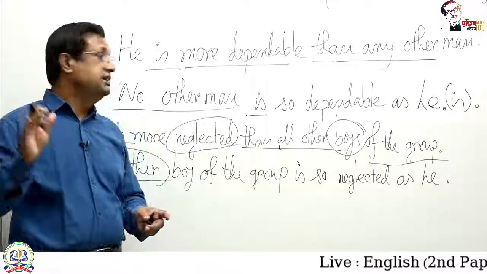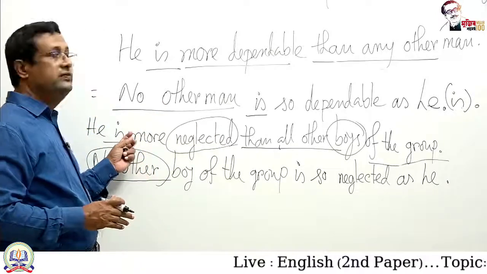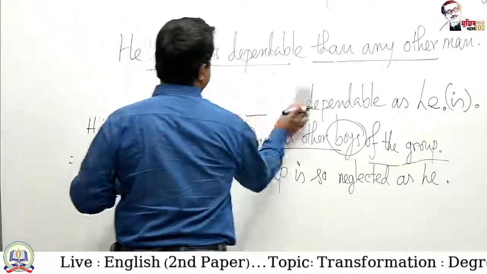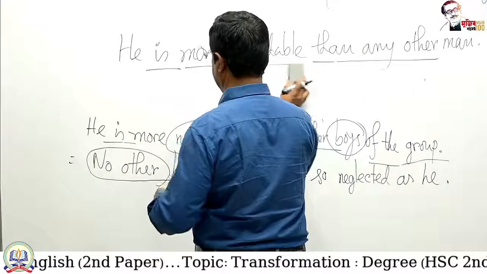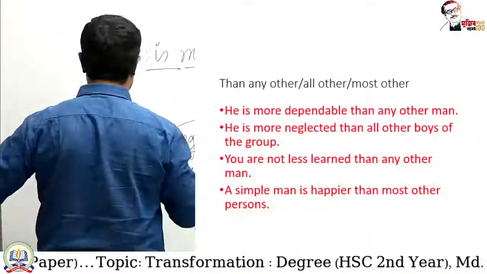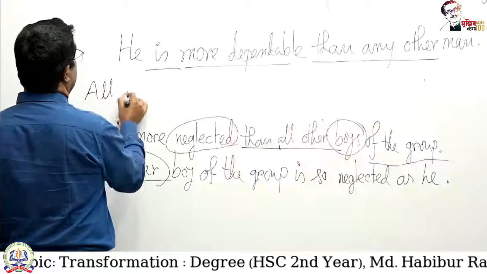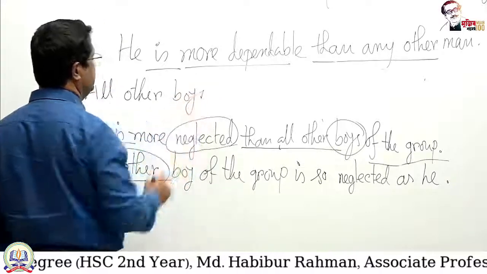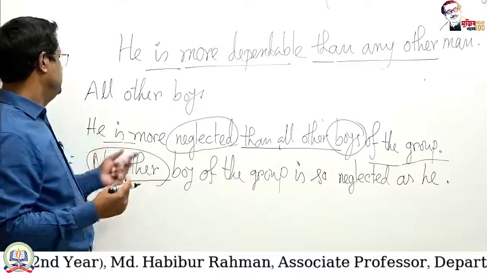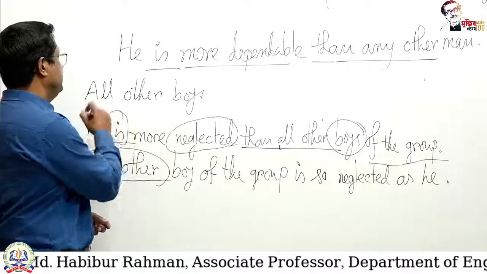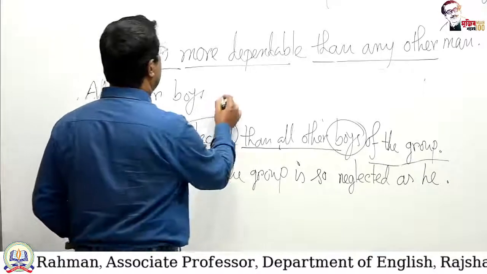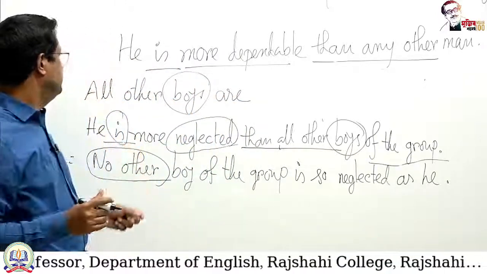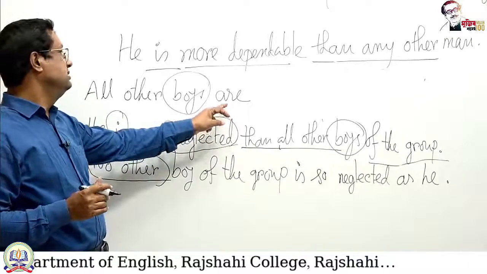Then you have to change the verb into negative form. Here we are not changing the subject into negative; the verb will be negative. All other boys, then are, because of the plural verb. We cannot use is here, rather we will use are.